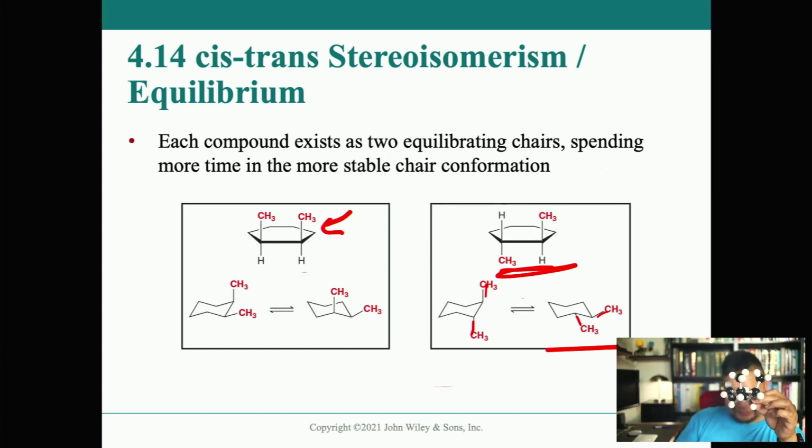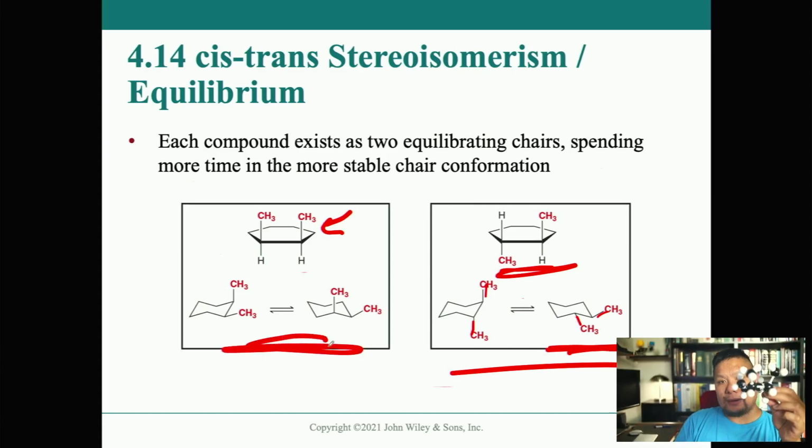So the trans is obviously more stable, because it can have both methyl groups in the equatorial position. Whereas the cis is not as stable, because no matter what chair conformation you put it in, when you do the chair flip, one will always be axial and one will always be equatorial. So it's best to have everything in the equatorial position, okay?